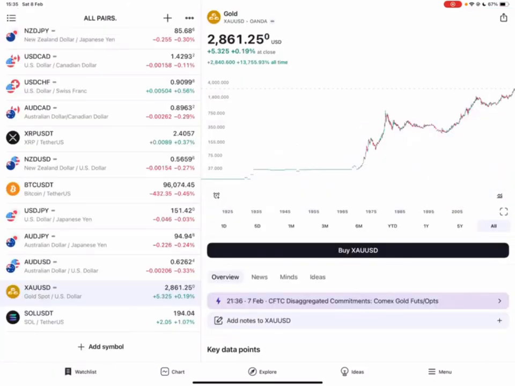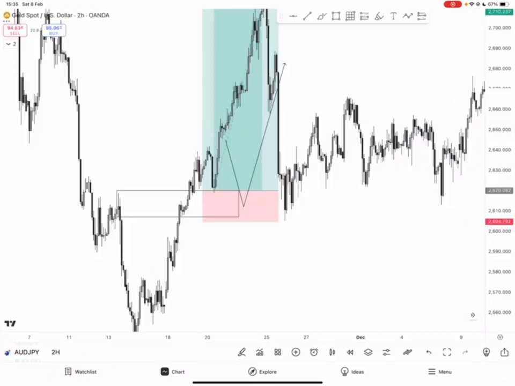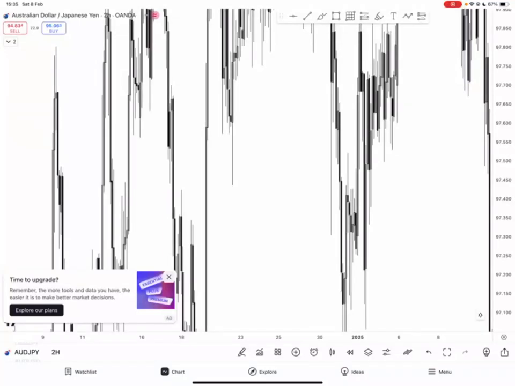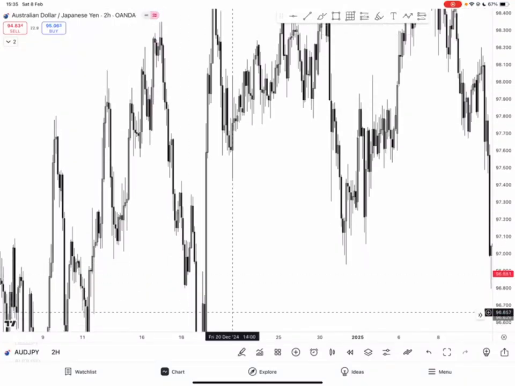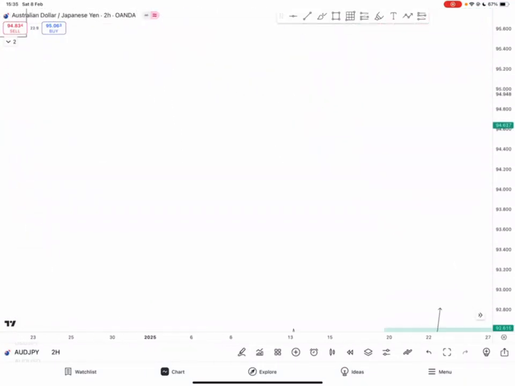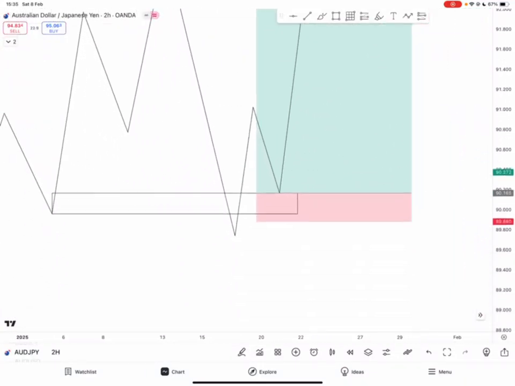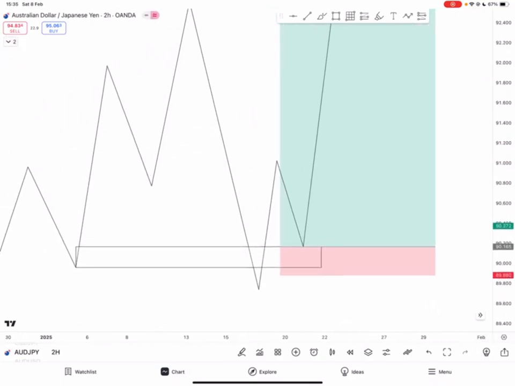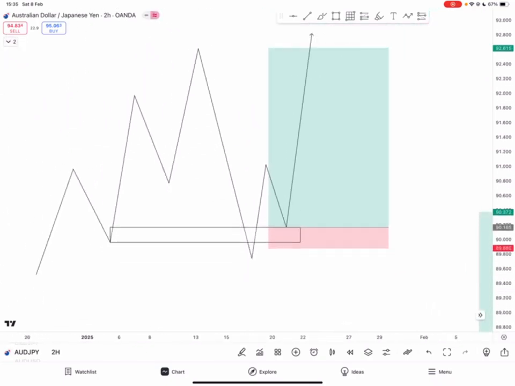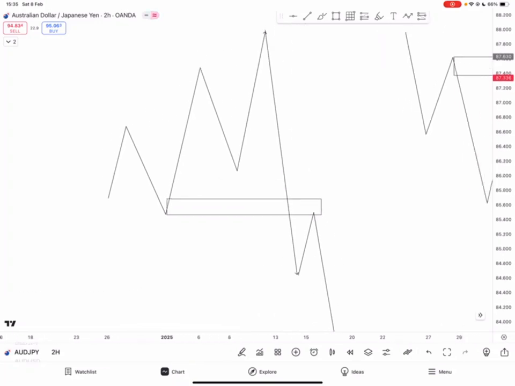Now back to the main reason for this particular video, which is a reclaim block. Now what creates these reclaimed blocks? A reclaim block is created by the failure of a breaker block. Remember, what creates a breaker block? A breaker block is created by the failure of an order block.